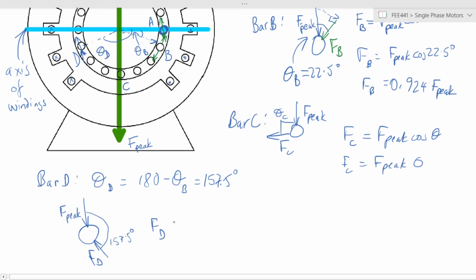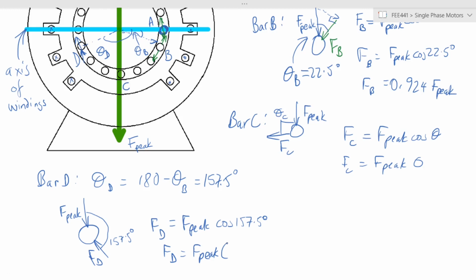That means FD is equal to F peak times cos 157.5 degrees, which is equal to F peak times cosine of 157.5, which is negative 0.924 approximately. Now this is very interesting because we have 0.924 negative here and we have 0.924 positive in that location.